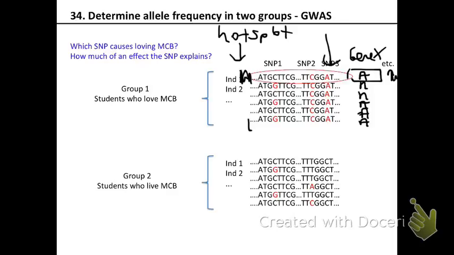So this whole thing is basically traveling together. It's being inherited together. Even though you know that A is associated, the causal SNP might be somewhere here that you didn't actually look. Does that make sense?